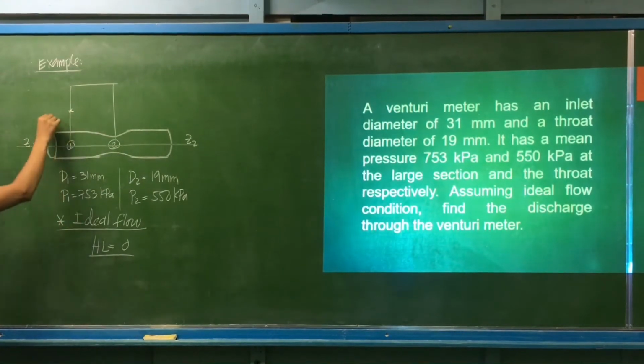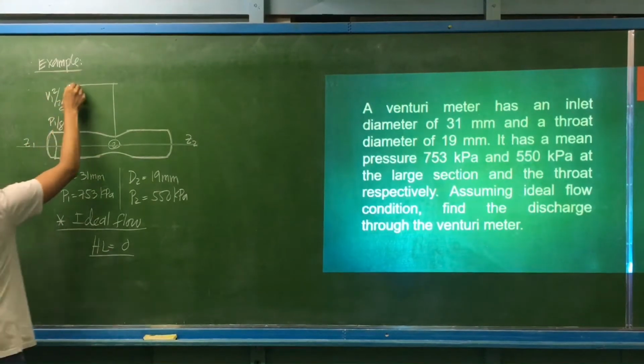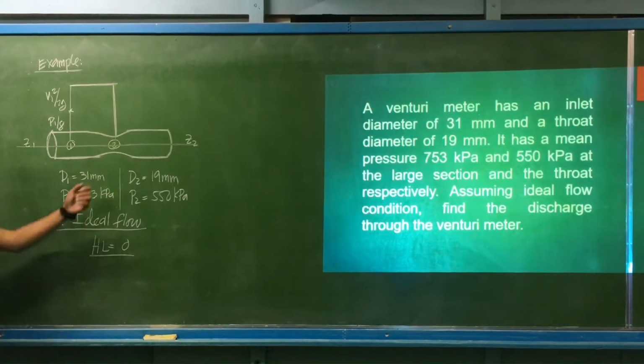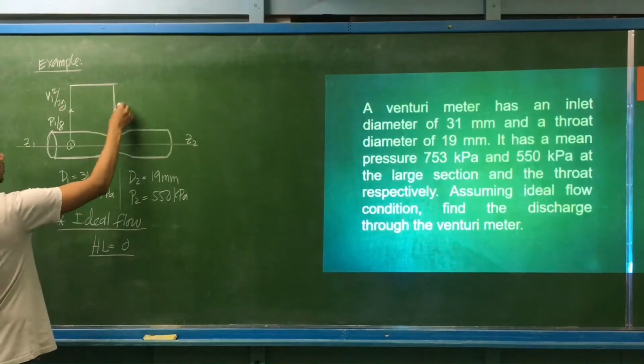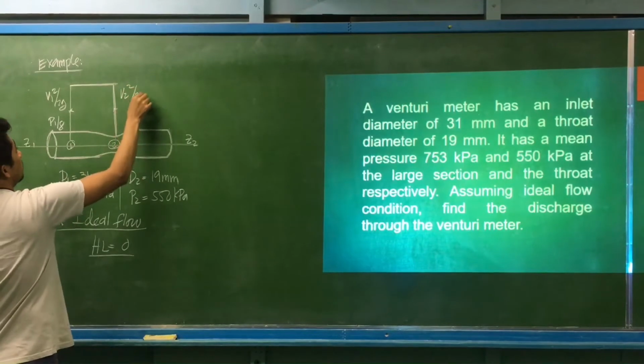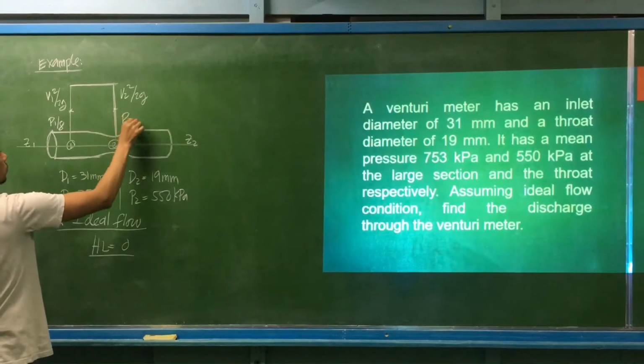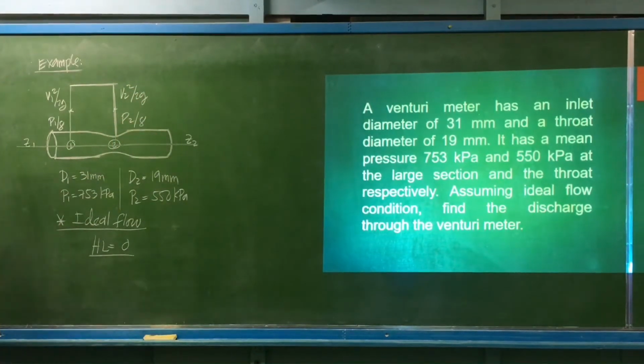So we have the pressure head at 1, P1 over gamma. Then the velocity head at 1, V1 squared over 2g, towards the second point. Then this is V2 squared divided by 2g and P2 over gamma. So yun yung ating energy equation. So ideal flow condition, head loss is equal to 0.